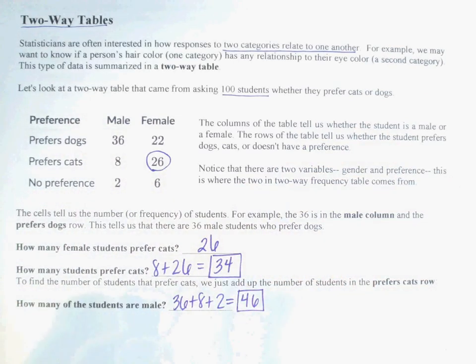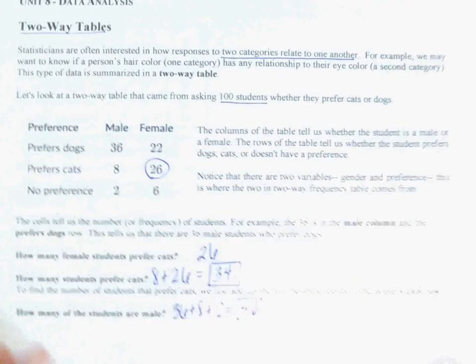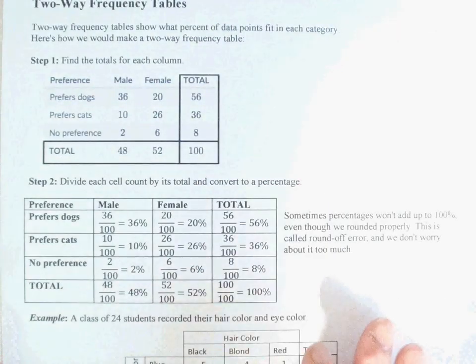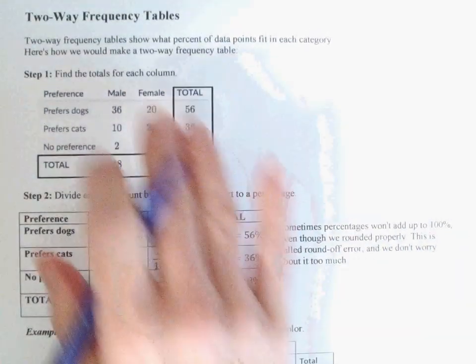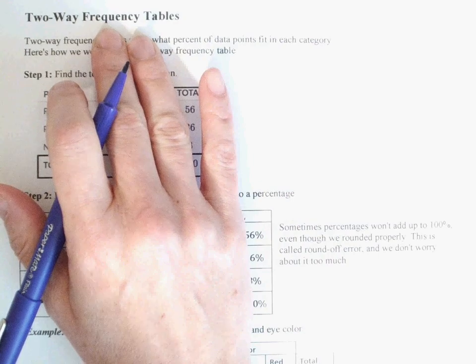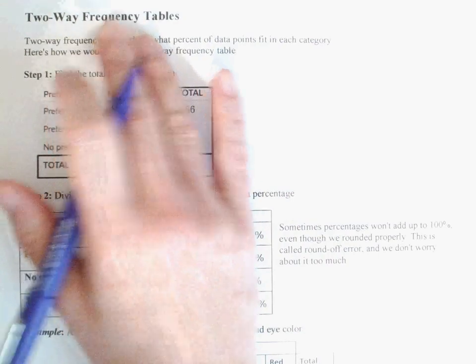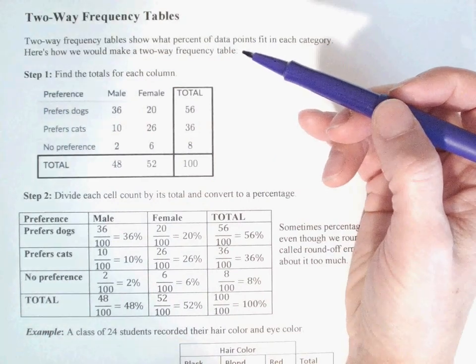Now the next thing that we are going to do is take this a little bit further with our interpretation. So what we can do is start categorizing it as a frequency table, because we're going to apply fractions and percentages to this.